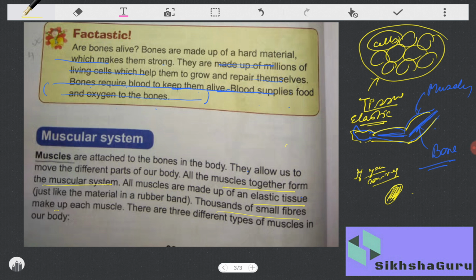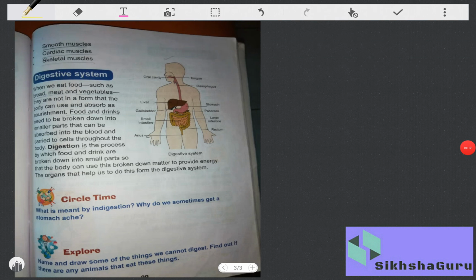And we have three different types of muscles in our body. They are the smooth muscle, cardiac muscle, and the skeletal muscle.